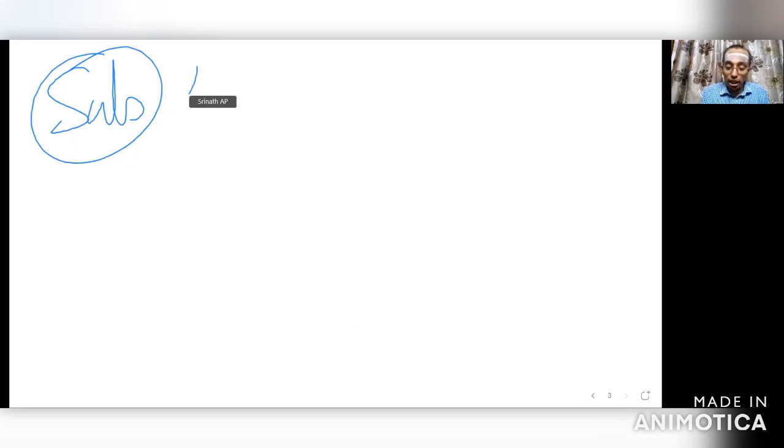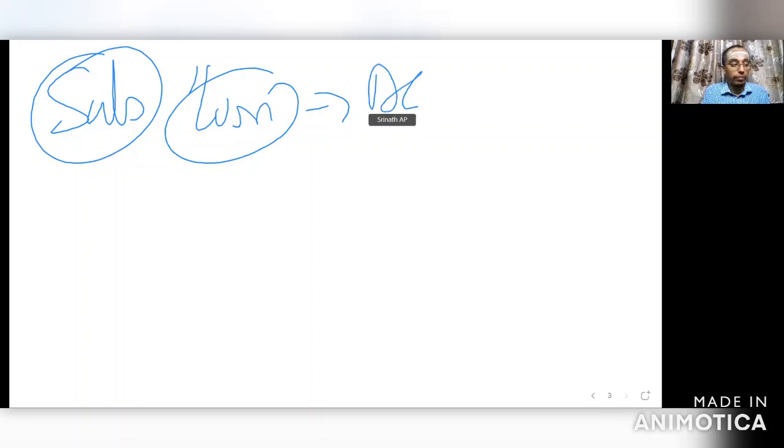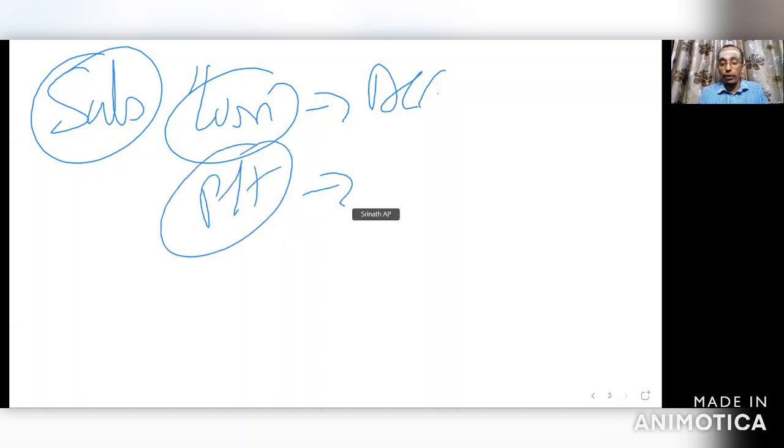Then at the time of sale, if you end up having a loss, then book profit has to be decreased. If you end up having a profit, then book profit has to be increased.